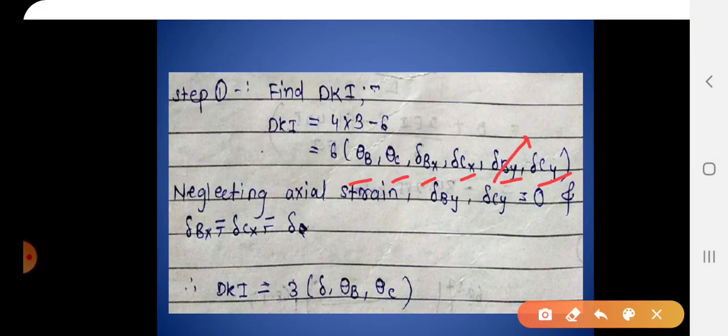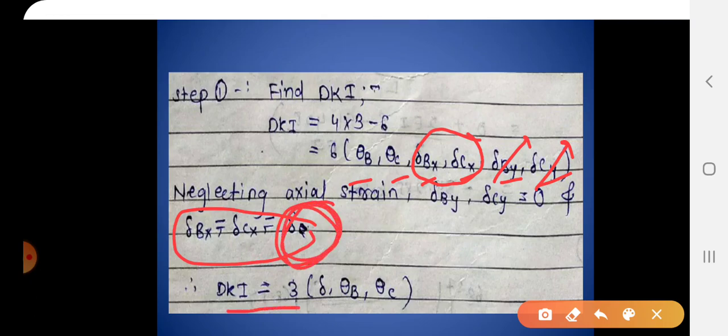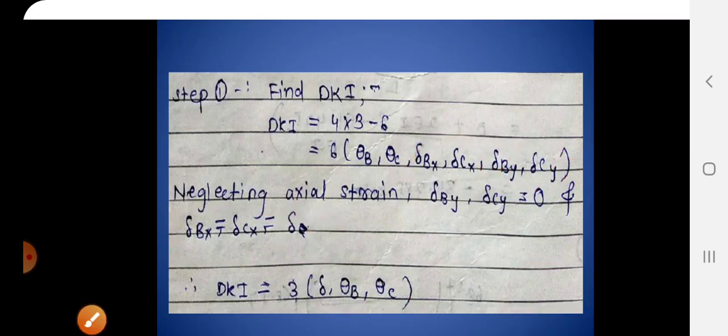Neglecting delta By and delta Cy, but we know this is a sway type of frame. Therefore delta Bx and delta Cx will exist. So delta Bx equal to delta Cx, and we assume this value as only one, delta. Therefore the degree of kinematic indeterminacy will be 3: the horizontal displacement delta, rotation at B and rotation at C. These will be the 3 unknowns.